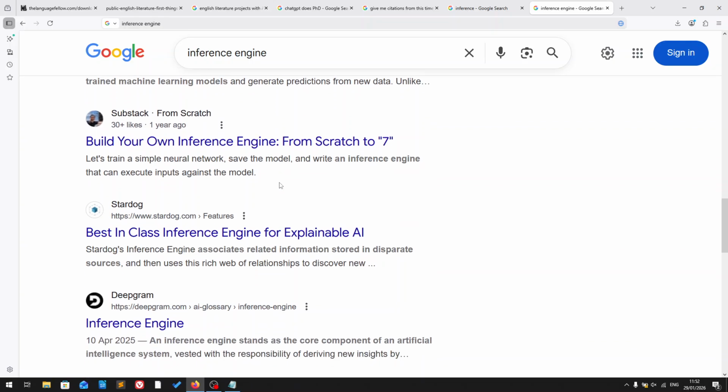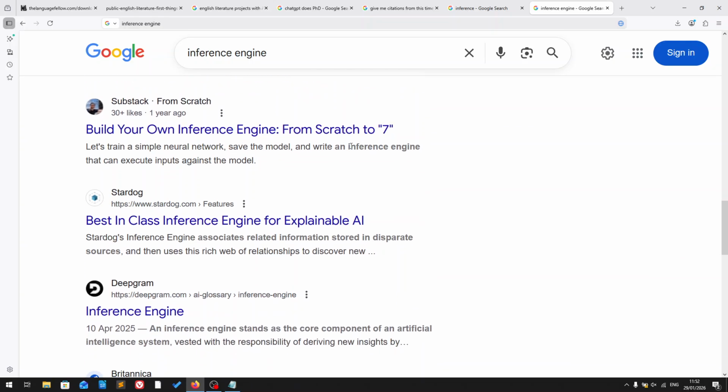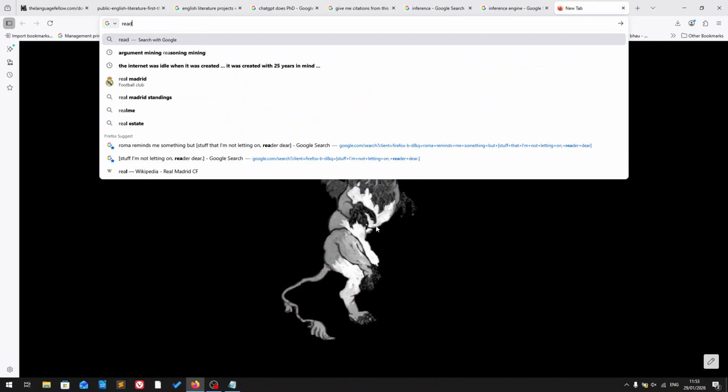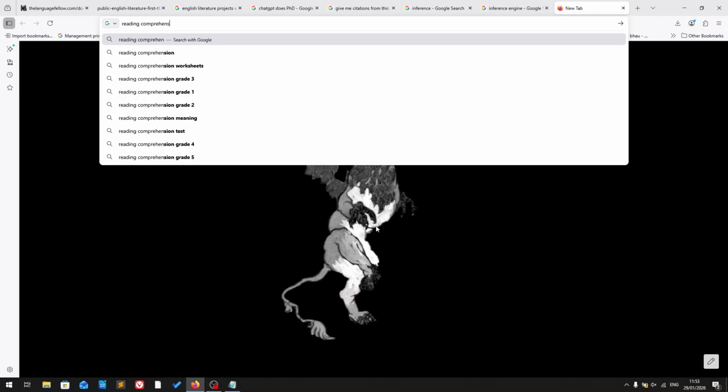Okay, so build your own inference engine from scratch. Let's train a simple neural network, save the model, and write an inference engine that can execute inputs against the model. Right. So the idea is, can I say something based on something given to me? So that's what you do in reading comprehension and inference engines.